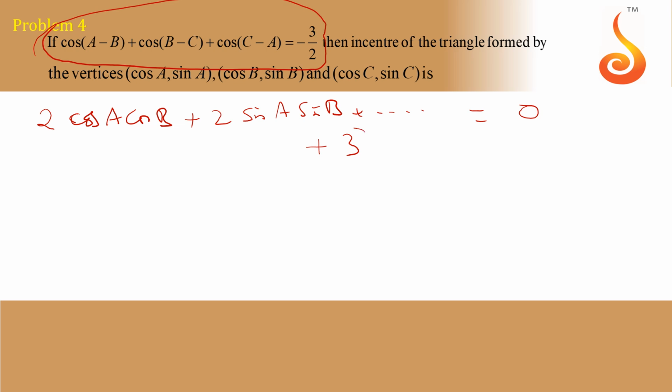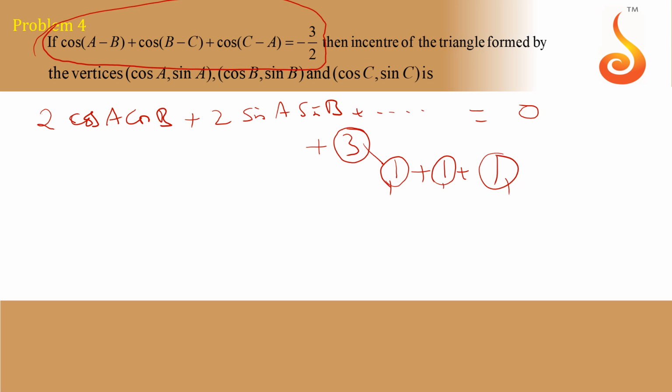This +3 I will write as 1 plus 1 plus 1. Each one I will write as a trigonometric identity: cos square a plus sin square a, cos square b plus sin square b, cos square c plus sin square c.